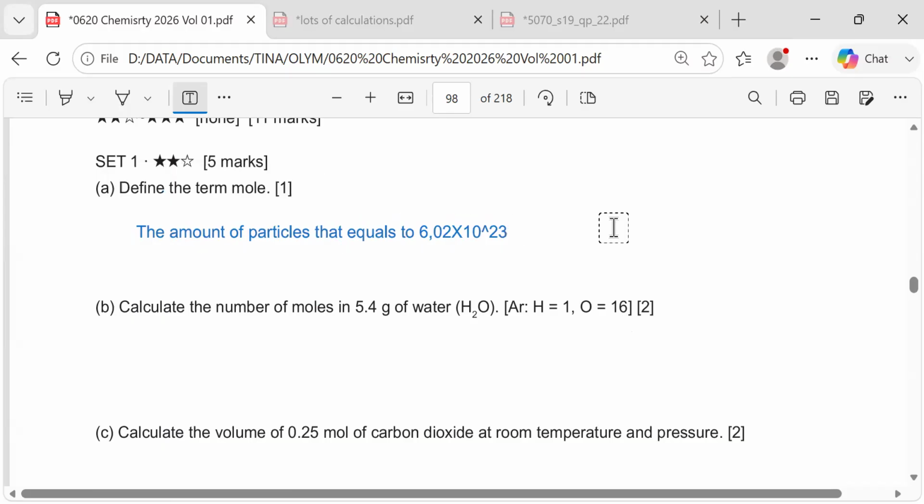Or you can say 1 mole of any substance is equivalent to its relative atomic mass in grams. So the question says now I got 5.4 grams of water. How many number of moles? So write the formula because you will remember it for life. Number of moles is mass over molar mass.